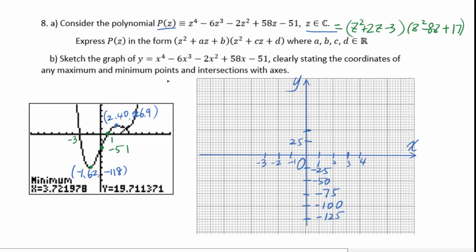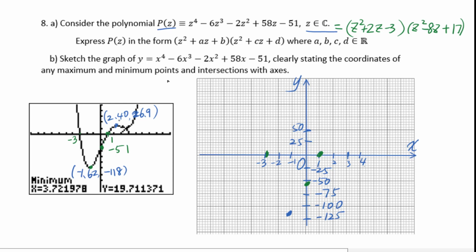25, 50. For minimum point is negative 1.62, negative 118. For x-intercept, negative 3, 1. For y-intercept, negative 51.